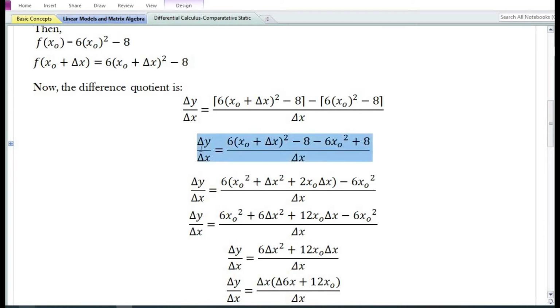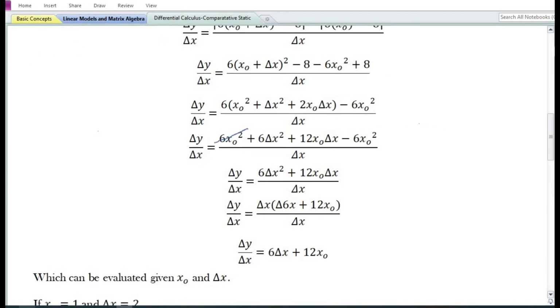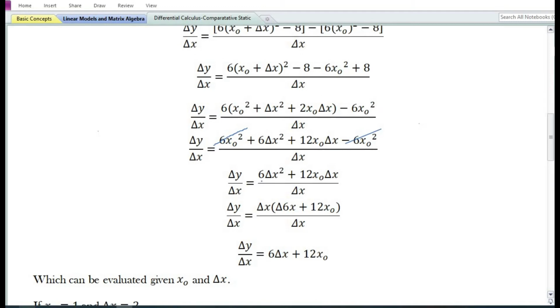Now by clearing the brackets, and simplifying further by using the formula of a plus b holding square, cancelling positive 6x subscript 0 square and negative 6x subscript 0 square, we are left with 6 delta x square plus 12x subscript 0 delta x by delta x.